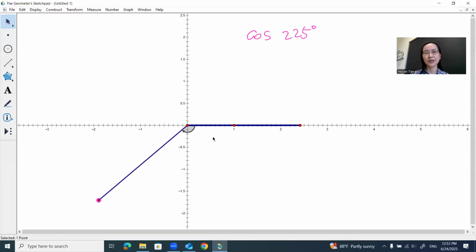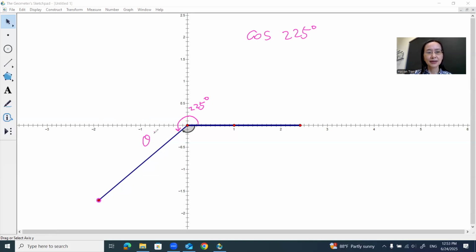Let me indicate, because it's a positive angle, what I'm drawing right now is the angle in standard position, but it has to be positive. So go counterclockwise. This is our 225-degree angle. It's more than 180 degrees but less than 270 degrees, so in the third quadrant.